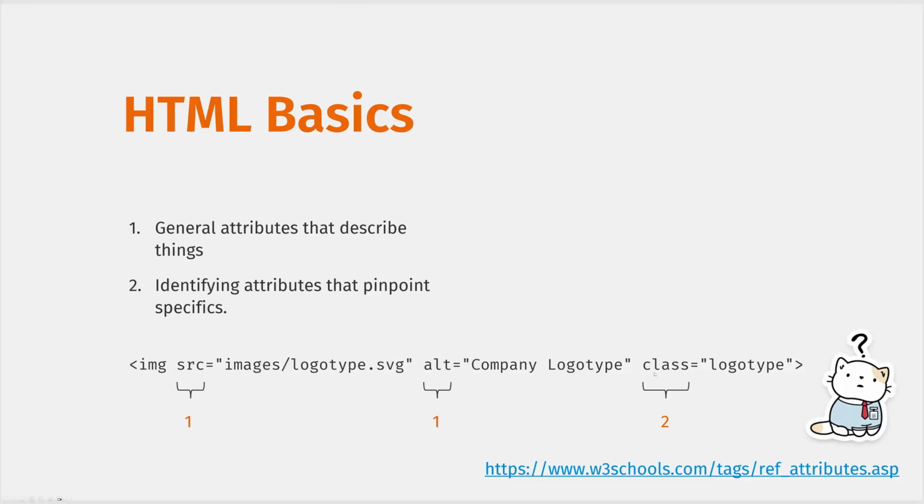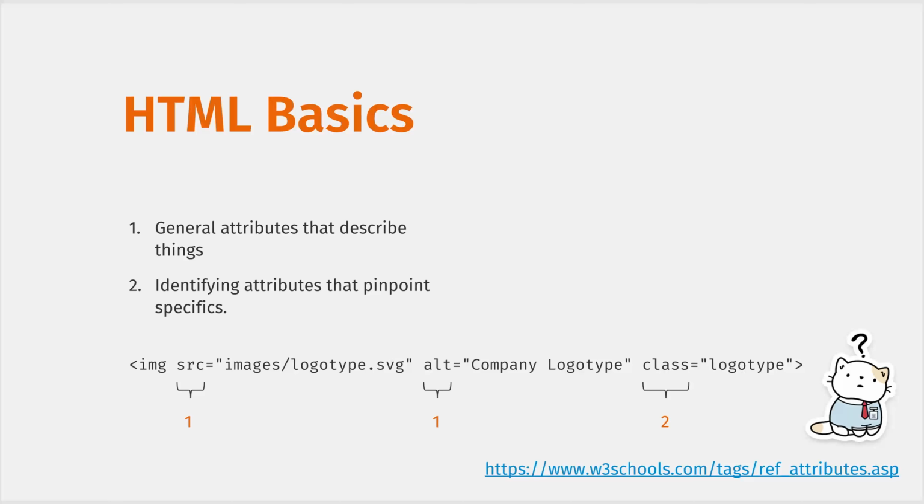Now class, this is different. There's a 2 down there. So why? It's an identifying attribute. It helps us identify this image. If you have 1,000 images and you want to say that this one has some kind of CSS. CSS, we use it for making changes to the visuals. So we don't say something semantic using CSS. We are changing sizes, colors, placement, a lot of things.